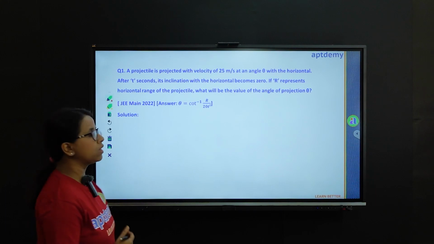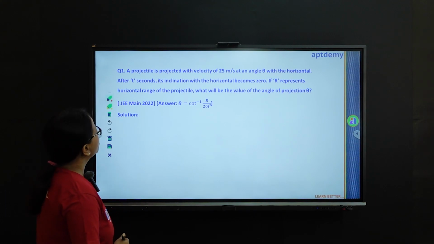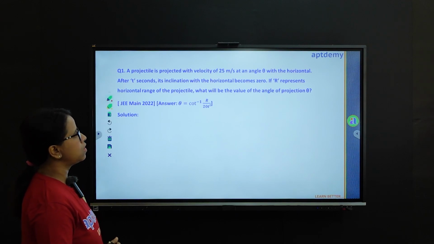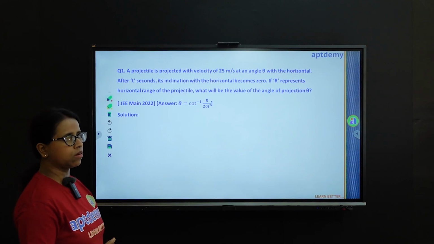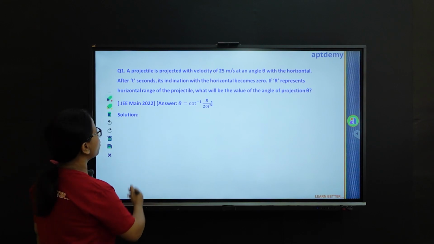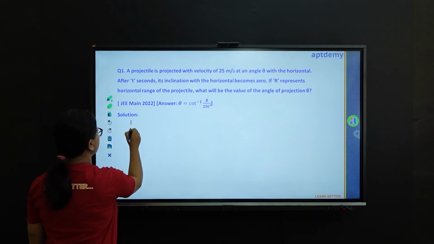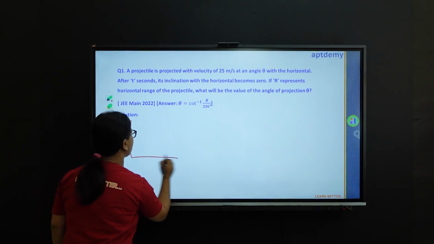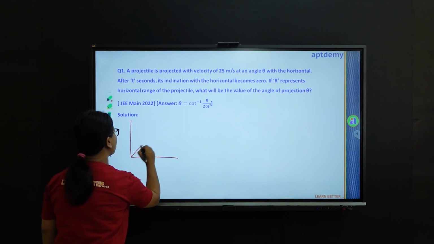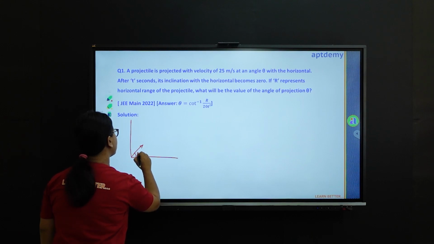So let's begin with analyzing the question. The projectile has been projected with an initial velocity of 25 meters per second. To better understand the problem, let's consider visually observing the problem. So this is the plane in which the projectile is moving, and the projectile has been projected at an angle of theta with the horizontal.